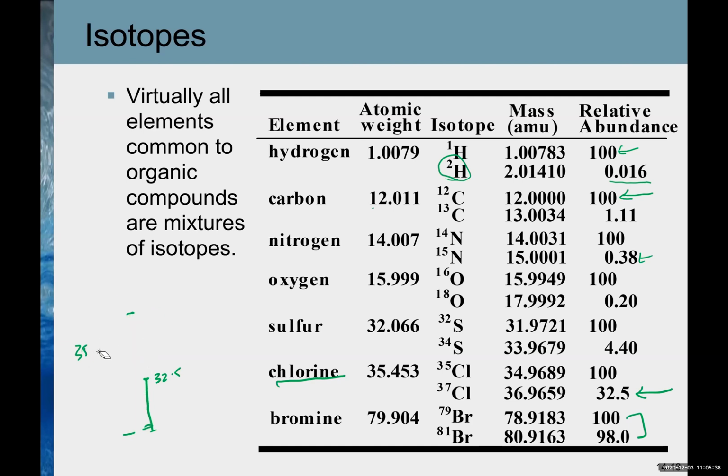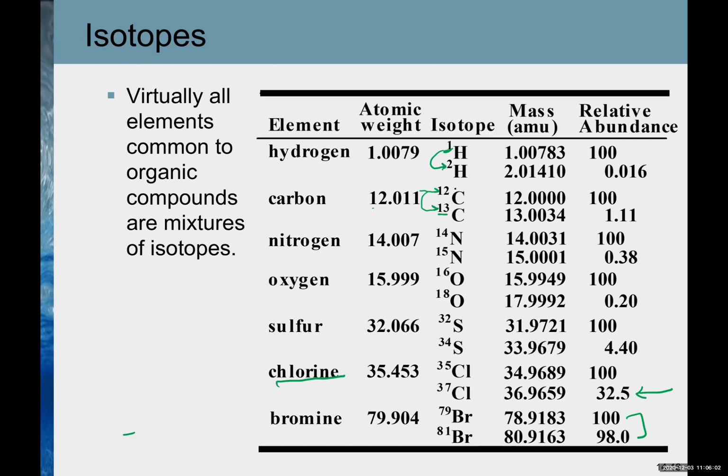Another important thing I would like you to notice here is that most of the isotopes have 1 AMU higher mass than the normal isotope. For example, normal hydrogen is 1, mass of heavier isotope is 2. Normal carbon is 12, mass of heavier isotope is 13, greater by 1.